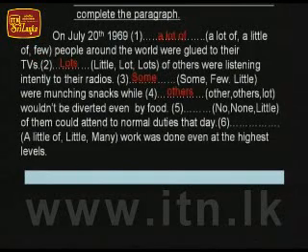Now blank number 5 begins, this sentence begins with a blank. Within brackets, no, none, little of them could attend to normal duties that day. So no one was able to do anything. They were all interested in the event. So now look at the three determiners.